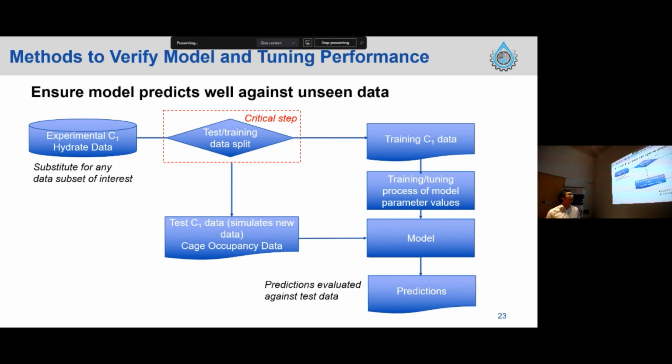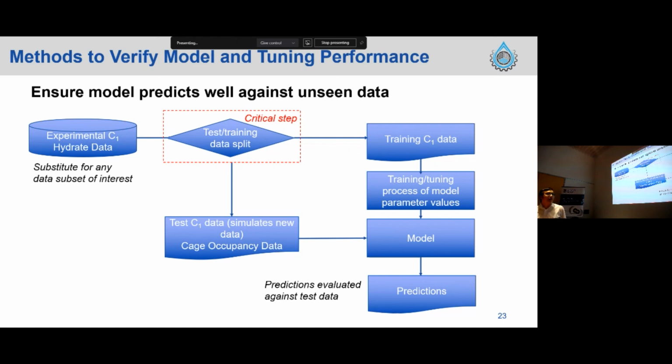So you can train the model against some methane hydrate data, and then you have some test data as well as cage occupancy data, which we can independently validate the model against. So we're using hydrate equilibrium temperatures, and by evaluating the predictions against the test data, then we can see if the model is a good fit for that specific parameter set.